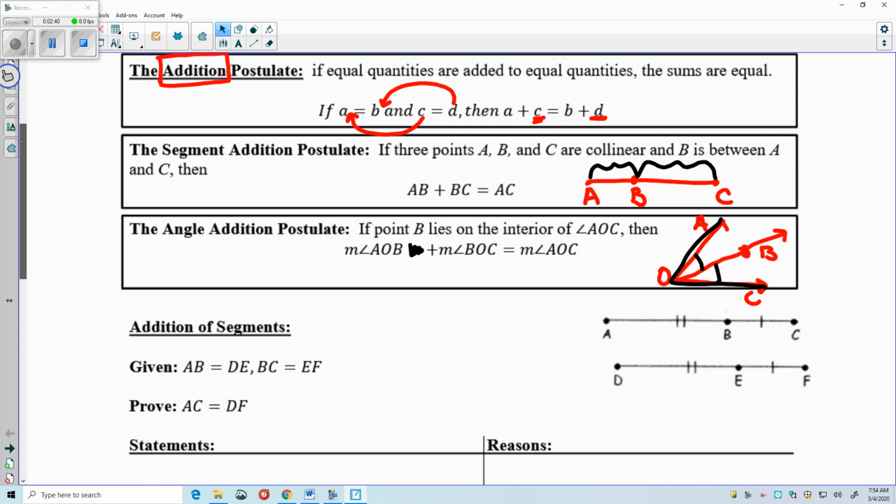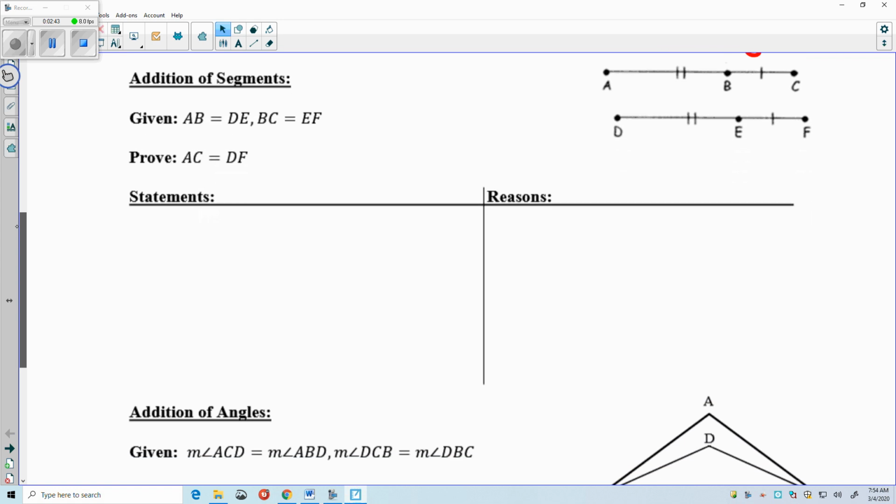Okay, so we're going to see how this actually works using all this information. Starting off our proof, we have the given information. We know AB is equal to DE. We also know BC is equal to EF. I'm going to write that down as the given.